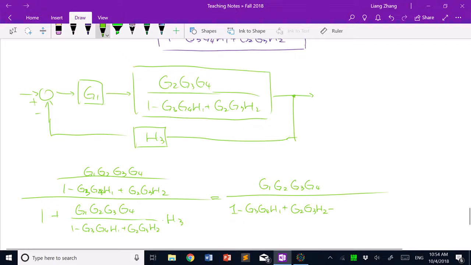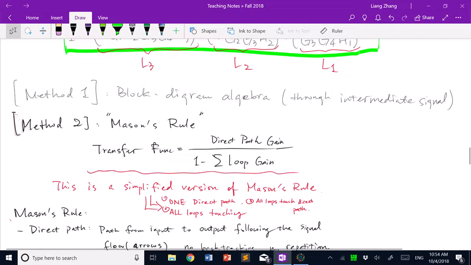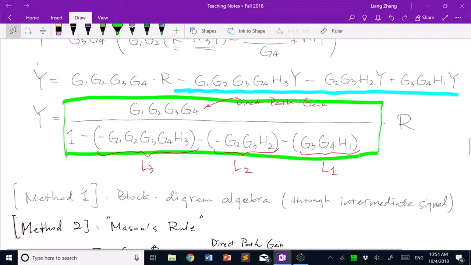This is 1 minus the loop gain of the first loop, plus G2, G, and then eventually, I'm sorry, here to be 1 plus, since it's minus a negative sign coming back here, so it should be a negative sign. So it'll be plus H3. This happens to be the loop gain of the outer loop.